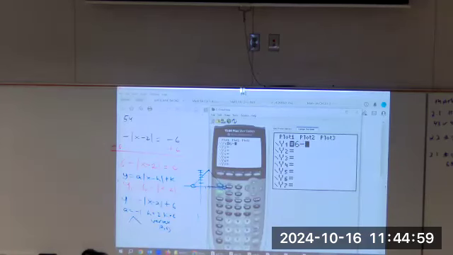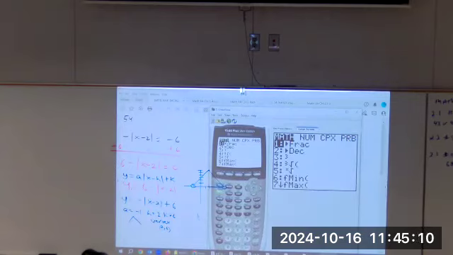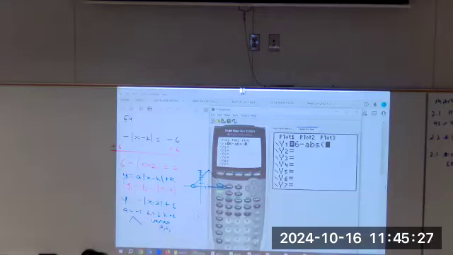6 minus the absolute value is right here with the math button. Hit math. And there's 4 columns. You have math, num, cpx, and prb. It's under num, which is the first option, absolute value, abs. Absolute value of x minus 2.